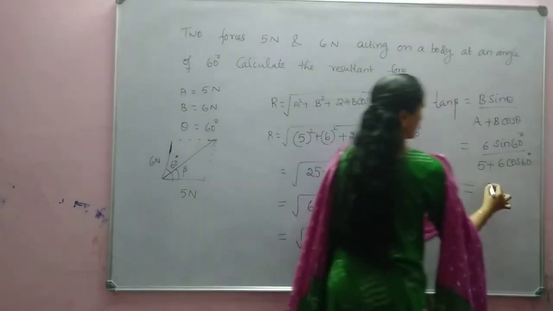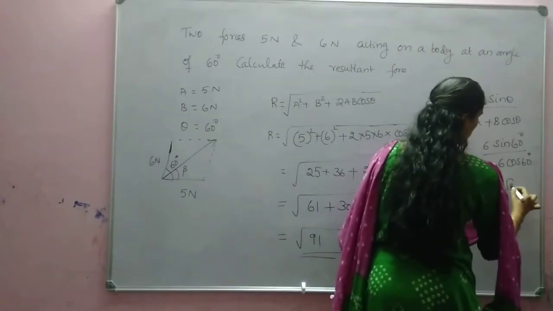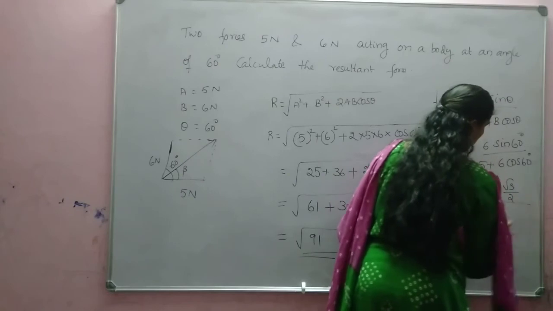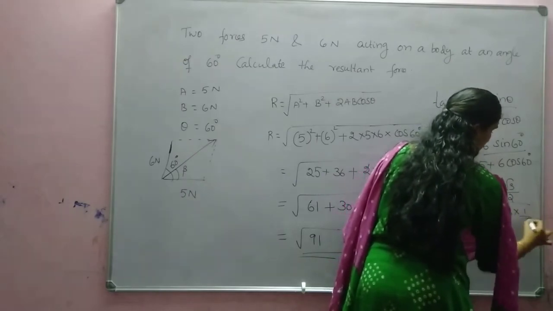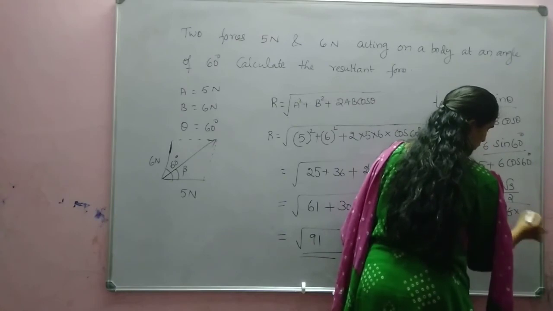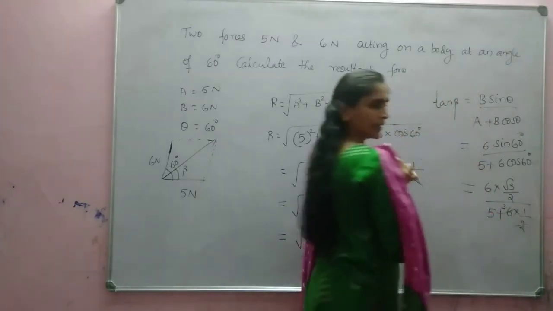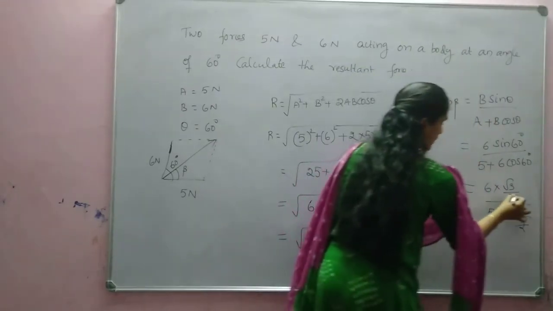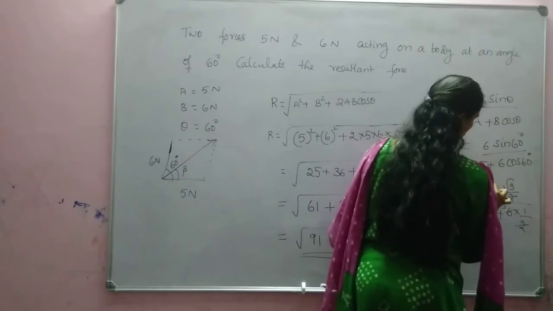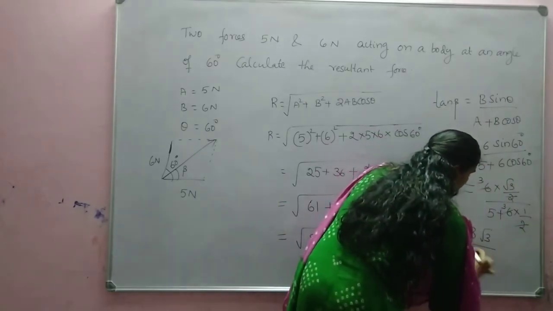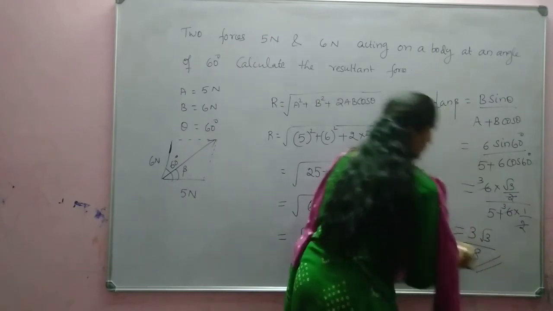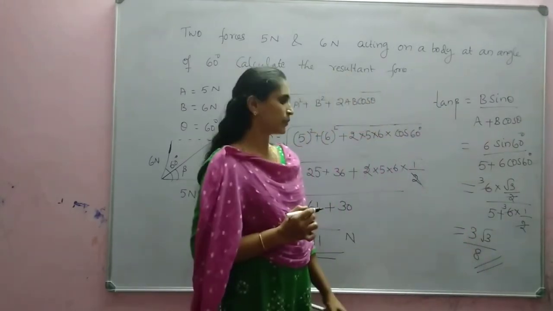Or we can write 6 into root 3 by 2 divided by 5 plus 6 into cos 60, which is 1 by 2. If you simplify, you will get 3, so 5 plus 3 is 8. Simplifying again, you get 3 root 3 divided by 8.